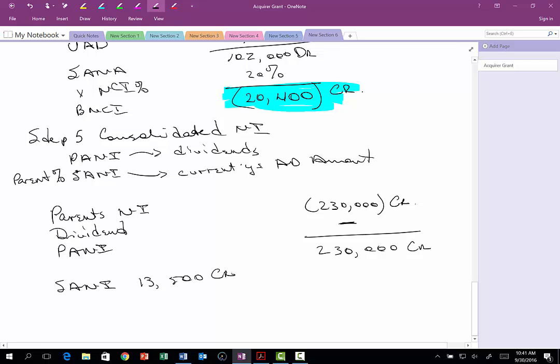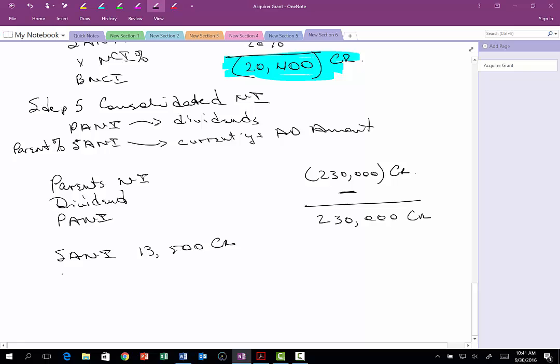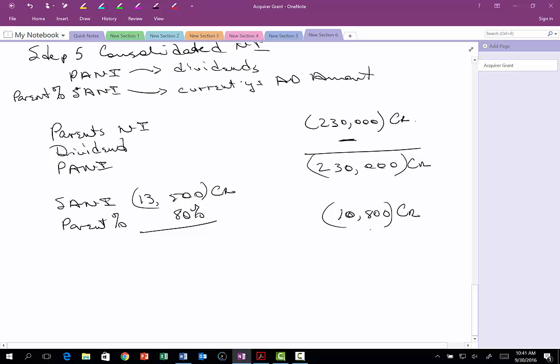We're going to multiply it by the parent's portion, which in fact is 80%. And that is going to give us $10,800 in a credit position for SANI, okay, for the parent's portion of SANI.